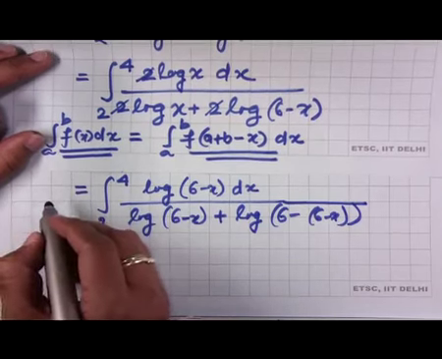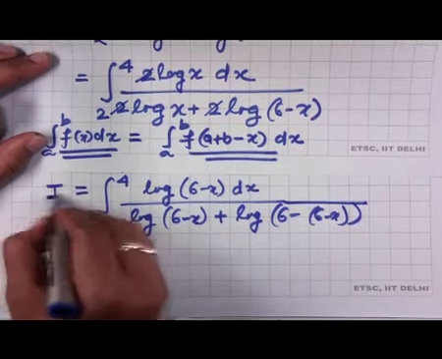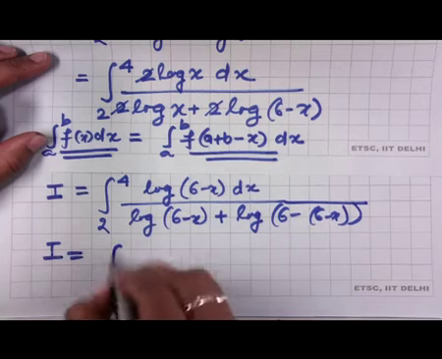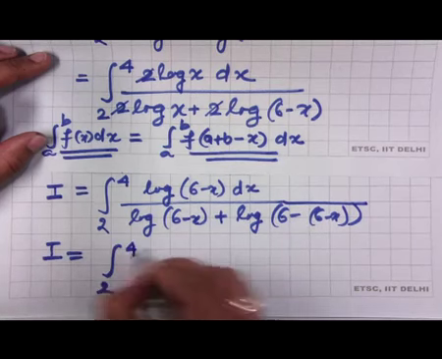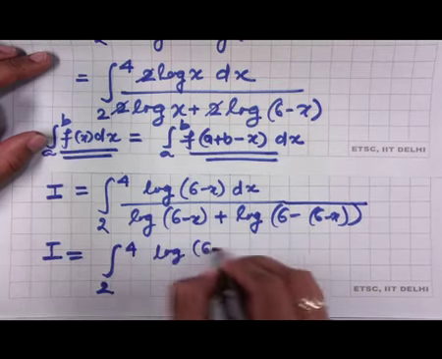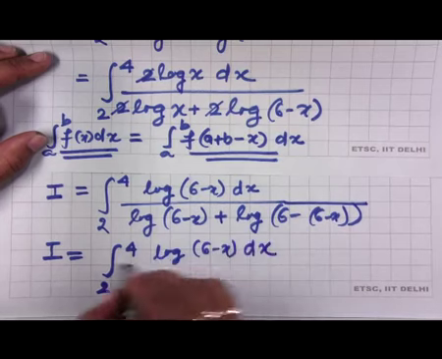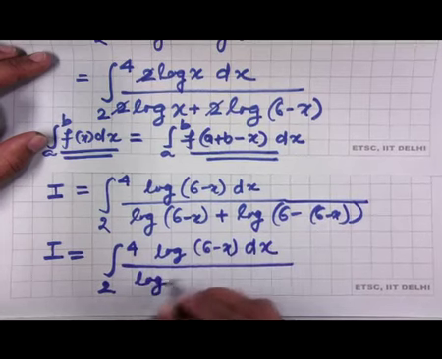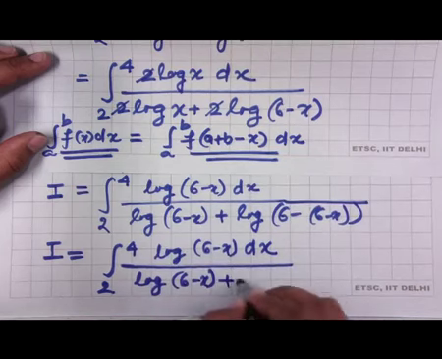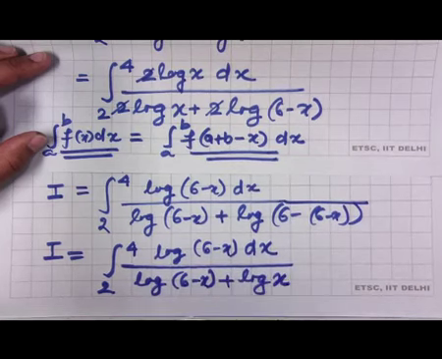So I is therefore integral 2 to 4 log 6 minus x dx by log 6 minus x plus log x.